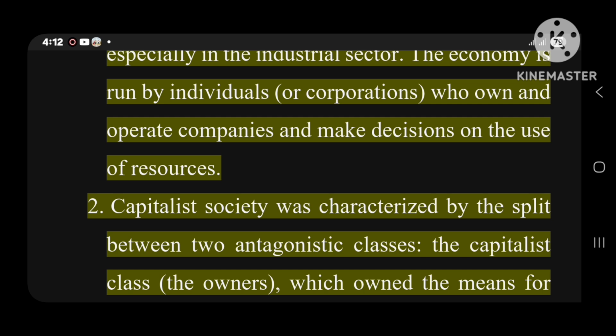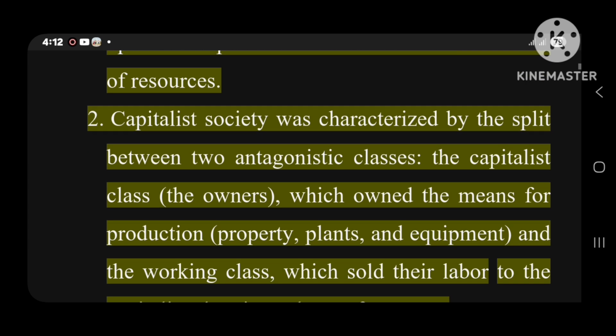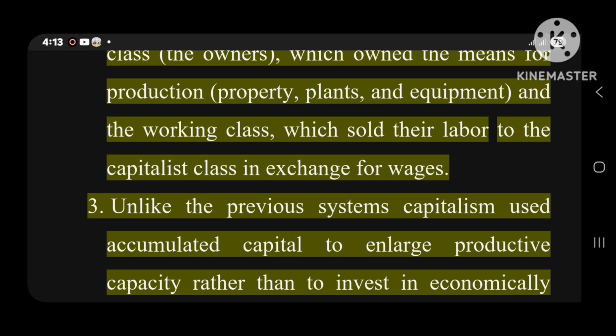The second class is the working class, sometimes called the industrial or factory proletariat. So this was the second characteristic, the split of capitalist society into the bourgeoisie class and the working class.